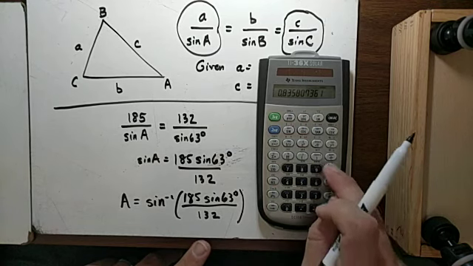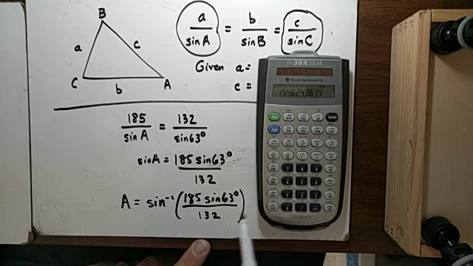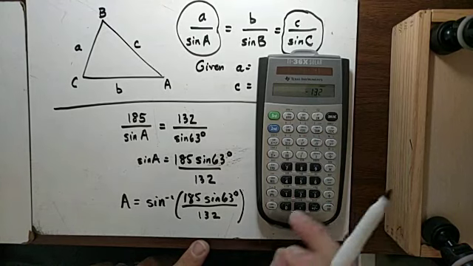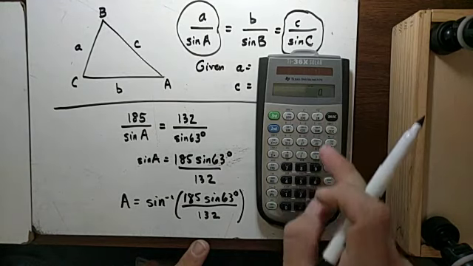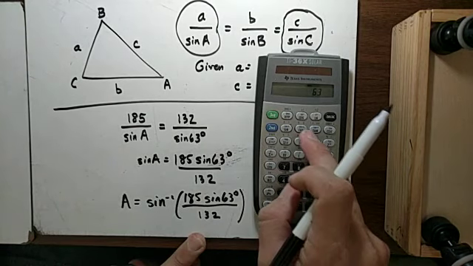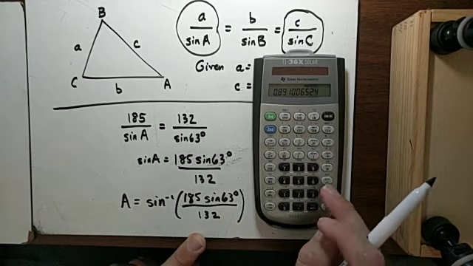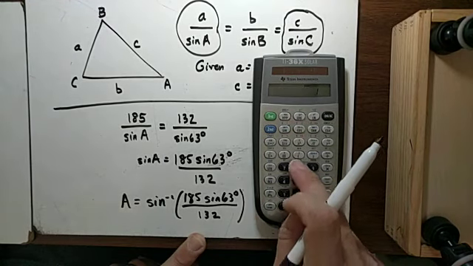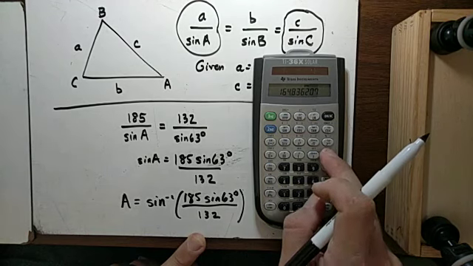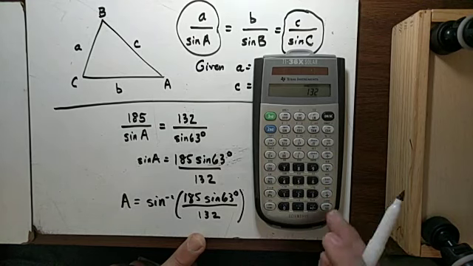Now I'm going to multiply that by 185. And now I'm going to divide that by 132. And, oops, let's try that again. So I'm going to take the sine of 63 degrees. All right, multiply that by 185. Okay, divide that by 132. I hit the negative instead of the equal sign.